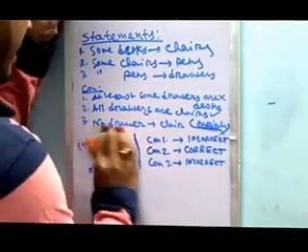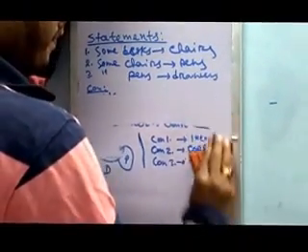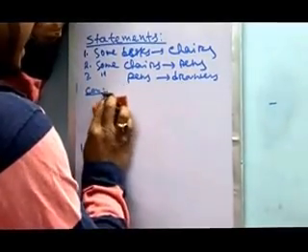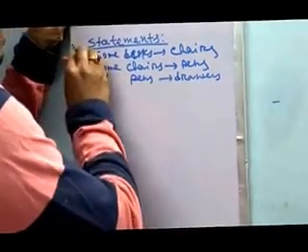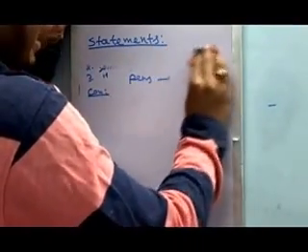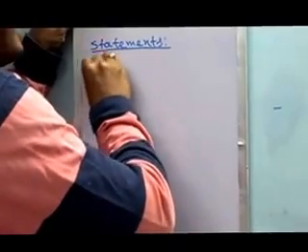Now come to another statement and conclusion. Obviously the video session is going a bit lengthy, but you have to keep your patience intact, because there will be hundreds of statement conclusions with or without Venn diagram.